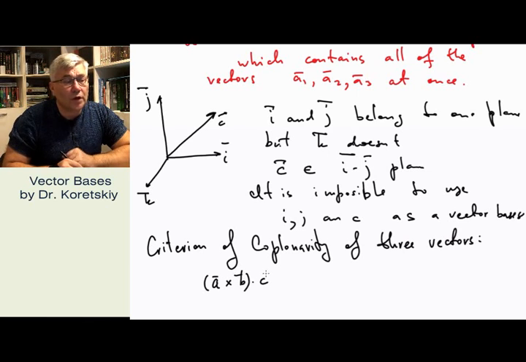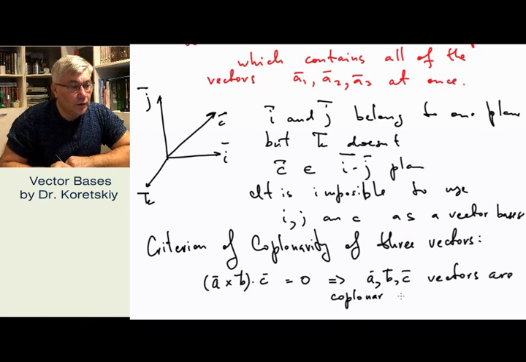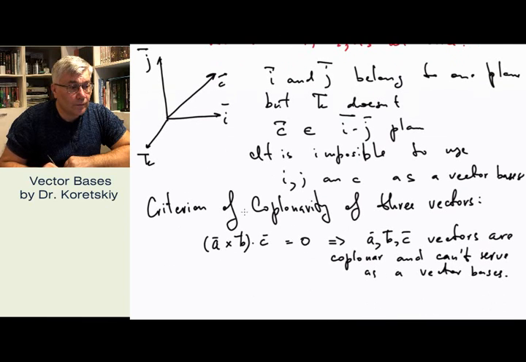You will have the so-called triple product. So if A cross product B dot product C equals 0, it means that A, B, C vectors are coplanar and cannot serve as a vector basis.